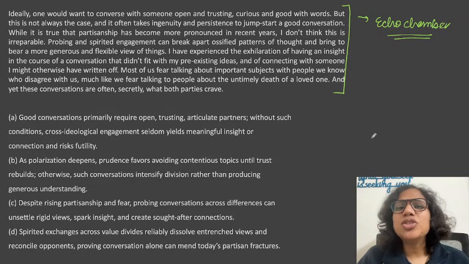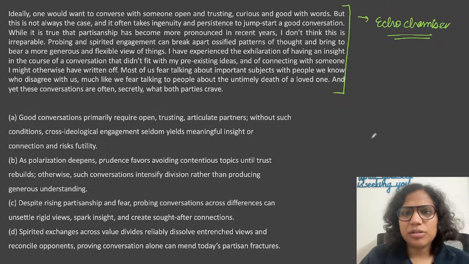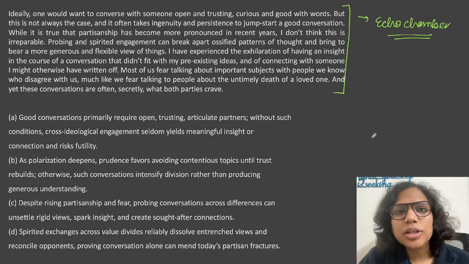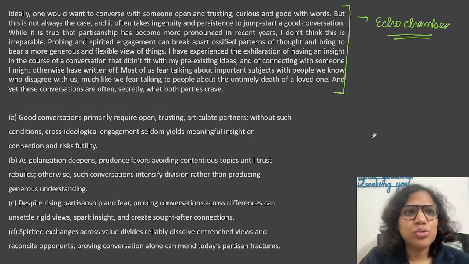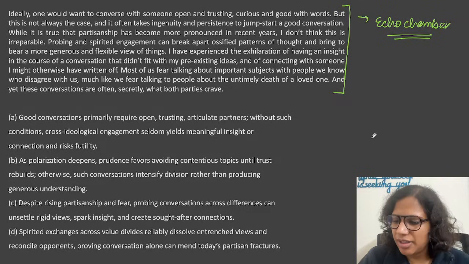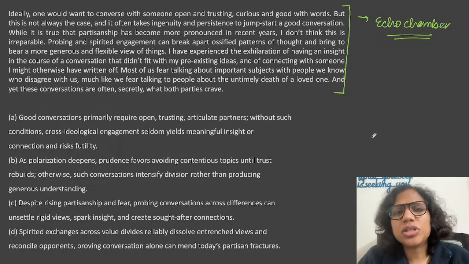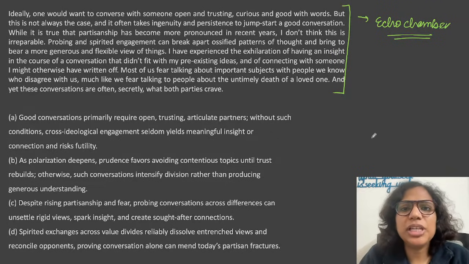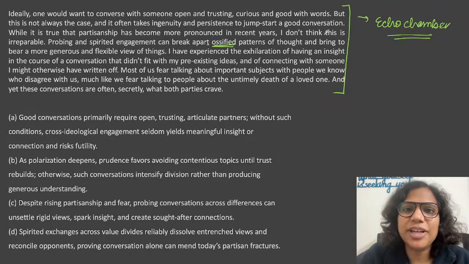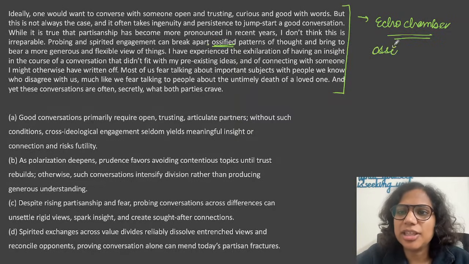If I just talk to those people who hold the same views as I do, right? है ना? तो what will happen is I will never be exposed to opposing views. And when that happens, our beliefs get ossified. Ossified मतलब क्या होता है? Rigid हो जाते हैं.